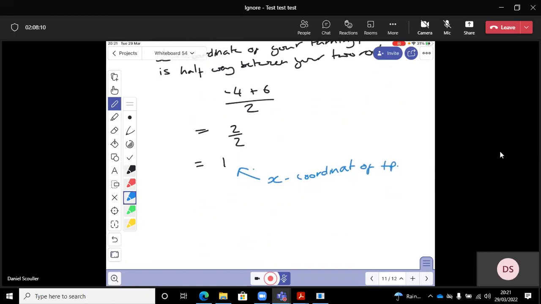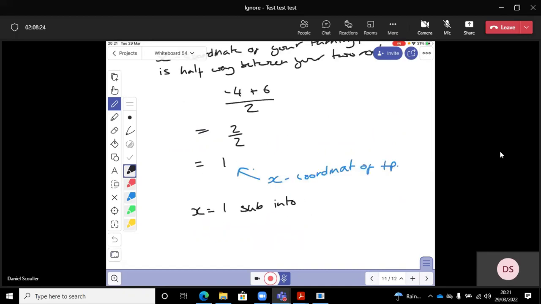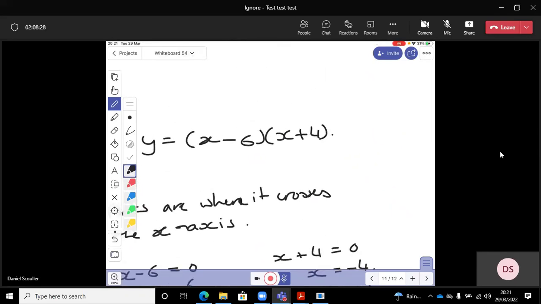So it turns at 1. Now that's not enough. You then need to substitute x equals 1 into your original formula.